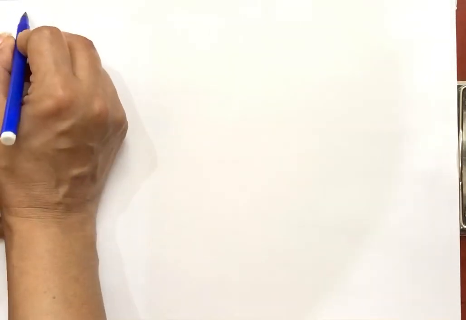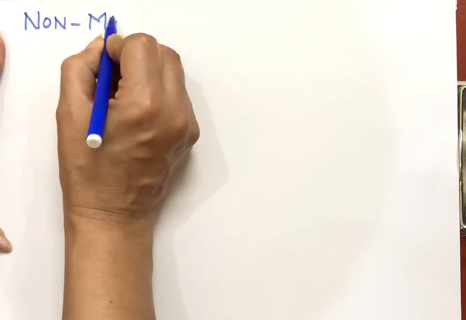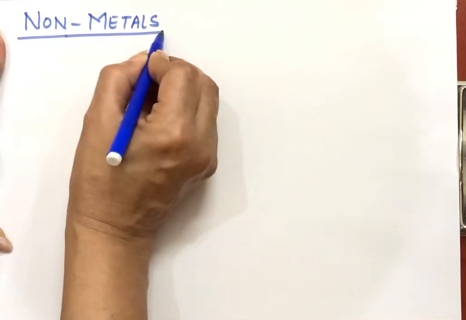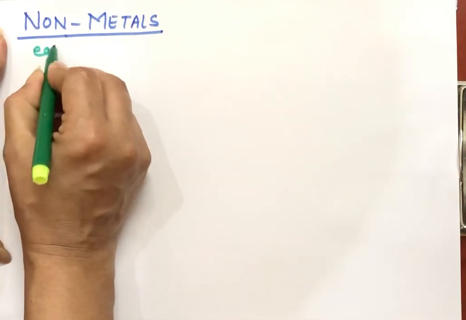After knowing what anodizing is, the next topic we have is nonmetals. Out of approximately 118 elements we know, approximately 22 are nonmetals. So nonmetals are less in number as compared to metals.